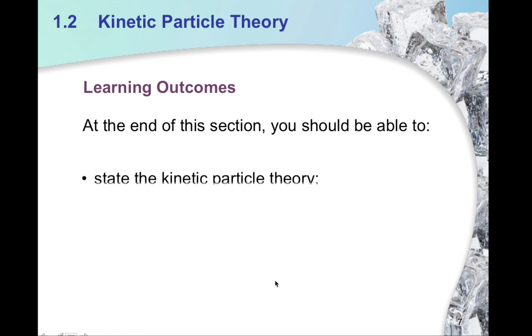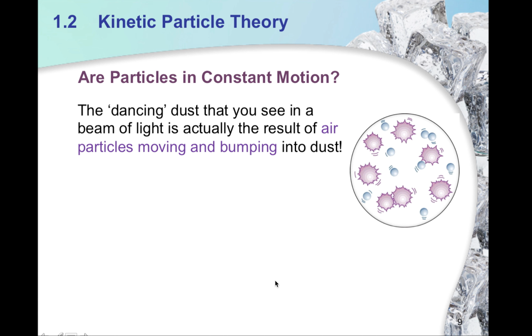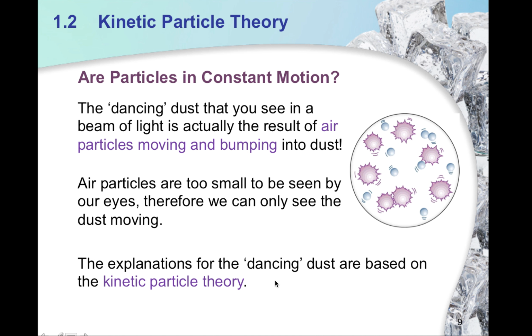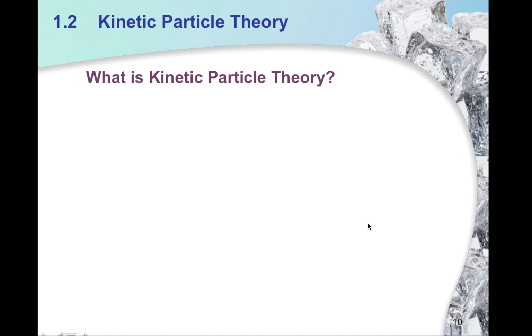Now, what is kinetic particle theory then? Kinetic particle theory can be observed when you look at dancing dust particles around you. We can see these particles are moving in random motion. But how are we able to write it in the form of words? Kinetic particle theory comes in the form of two words, the word kinetic and the word particle.